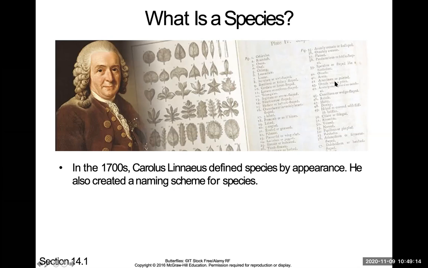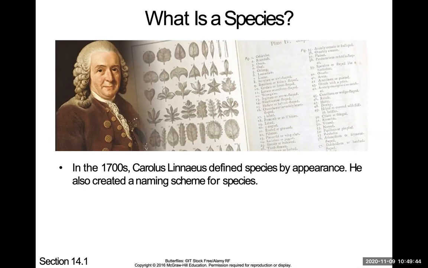So if we're looking at appearance, the leaves might be the same, but they might be different species. But anyway, he defined species by appearance. That's one way to define them. And he also created a naming system. When I say naming system, we talked about genus and species. We had domain, family, genus, species. That's the system he came up with to name the species.